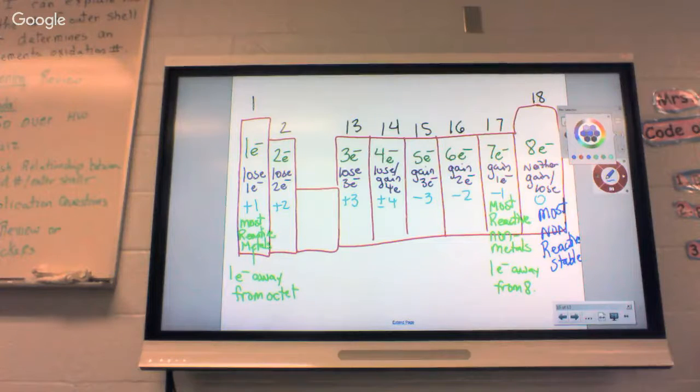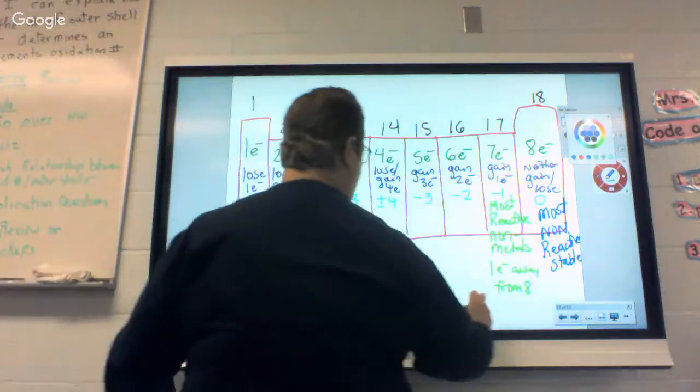The active non-metal is a halogen. Active and reactive mean the same thing, by the way. Now, semi-metal. B, that would be your metalloid. Semi-metal is metalloid. An inner transition metal, we did not name that specifically, I don't think, but an inner transition metal comes from the inside of the transition metal.